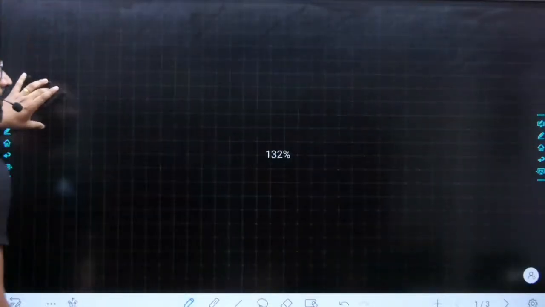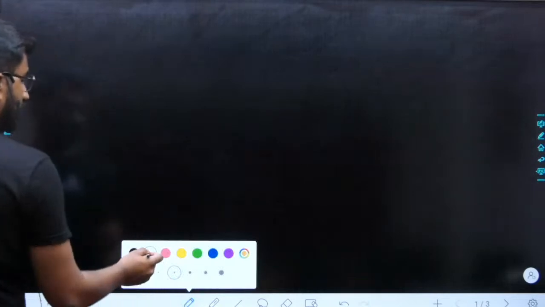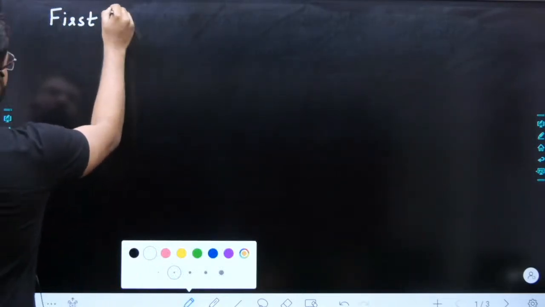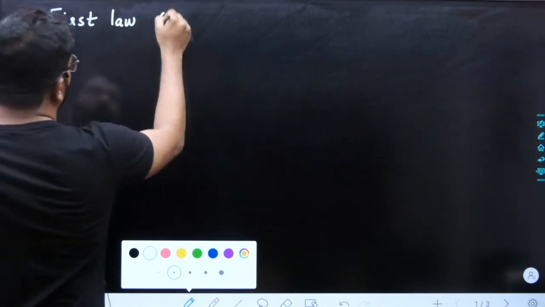Now, once this is done, you have first law for open system. What is the equation for first law for open system?